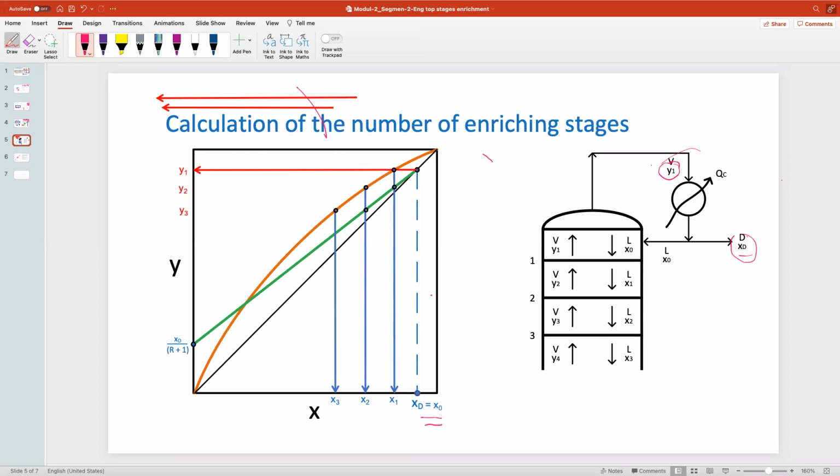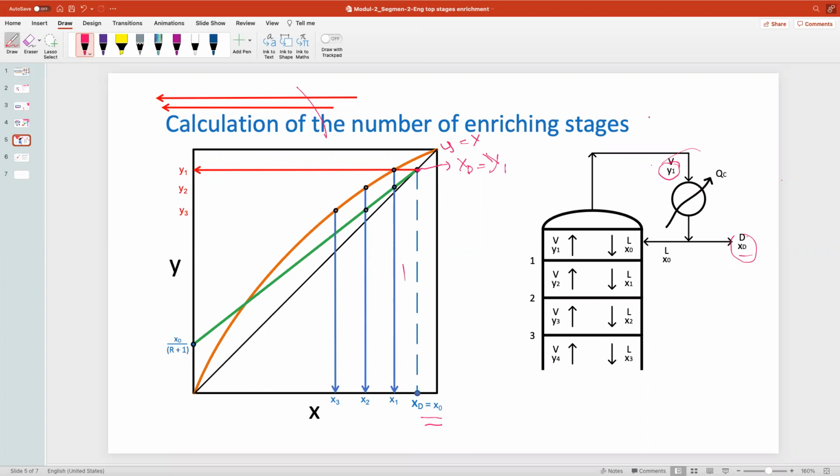This is also 0.95, because if it goes to here, XD equals Y1. This graph y equal to x shows you that the composition of Y, you read it here, equals Y1, because there is no equilibrium, only cooling down.